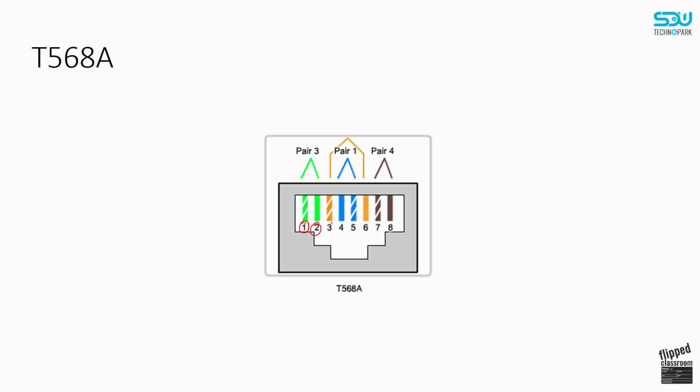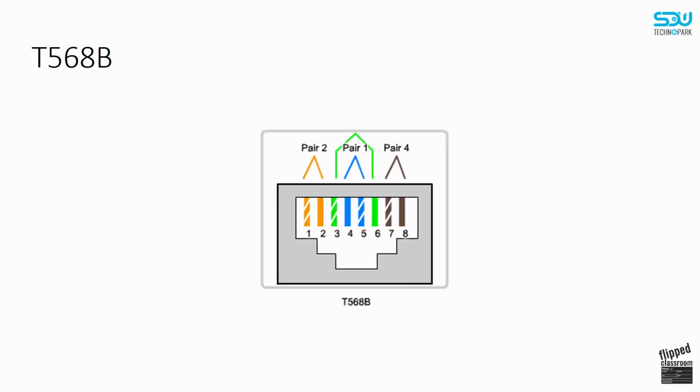White orange is on the third pin, then blue, white blue, orange, white brown, and brown. So connectivity is done like this. And if you take a look at the B type of connectivity, we start here from white orange, orange, white green, blue, white blue, green, white brown, and brown.